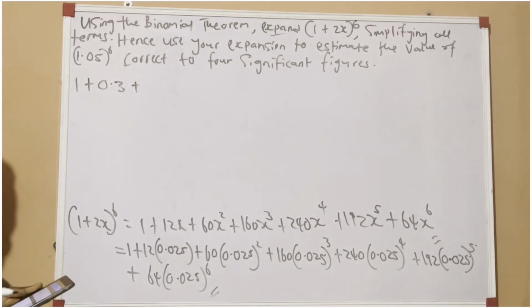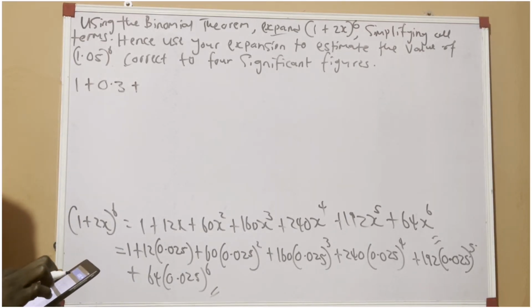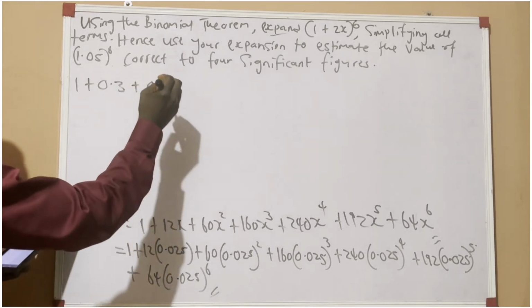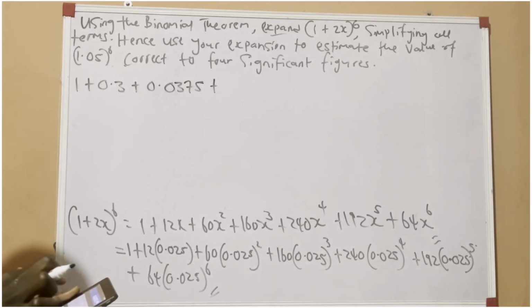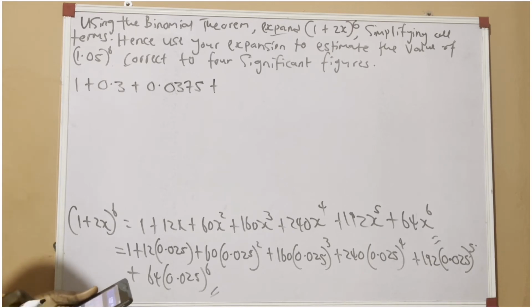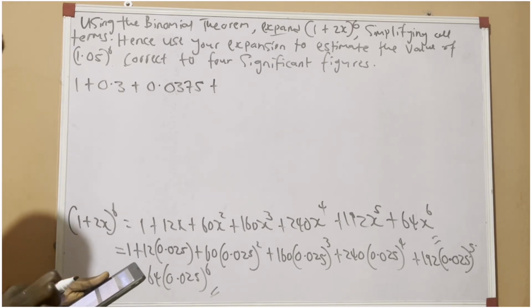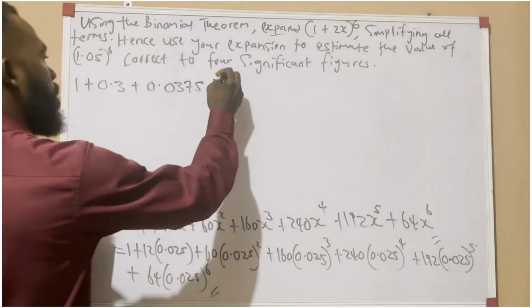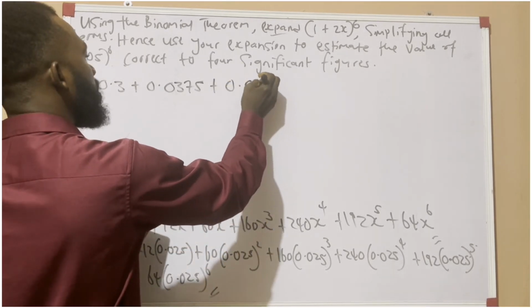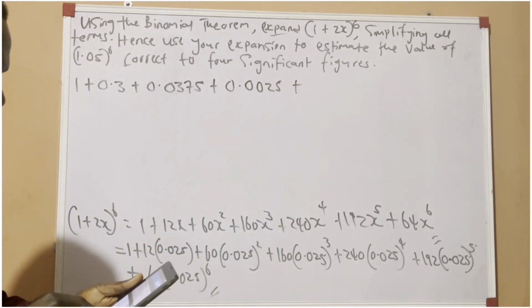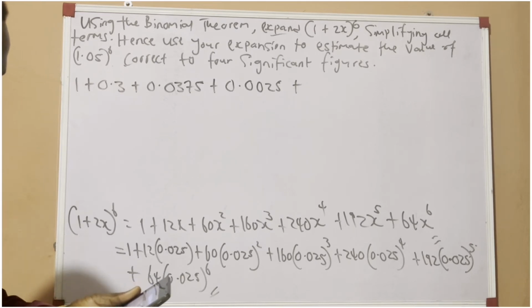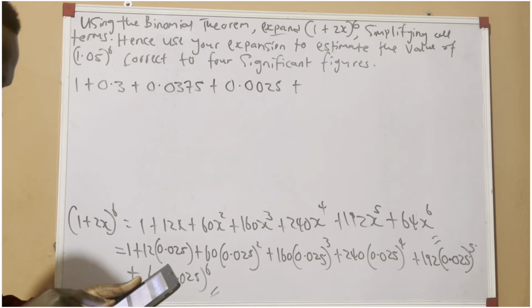When we do this, 0.025 raised to the power of 2, multiplied by 60, gives us 0.0375. Plus, next we're going to do 0.025 all raised to the power of 3 multiplied by 160, and that will give us 0.0025. Plus, then we go further saying 0.025 all raised to the power of 4, multiplied by 240.